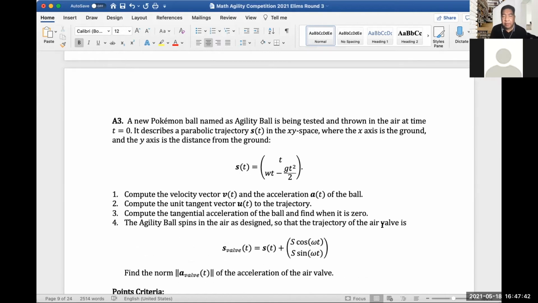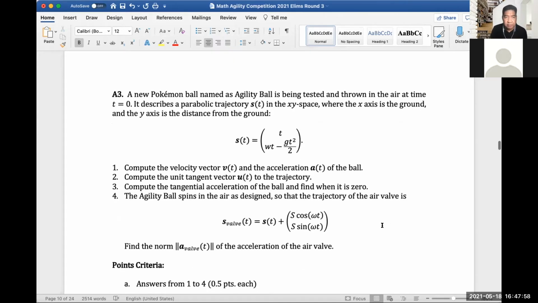This is a linear algebra and combination of trigonometry, not differential equation, calculus, and physics. Question number 3: a new Pokemon ball named Agility Ball is being tested and thrown in the air at time t equals 0.